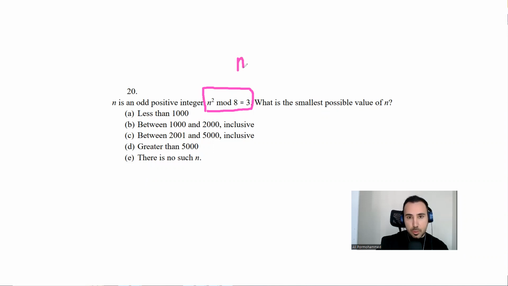What it says is n is squared. We divide it by 8. Well, when a number is divided by 8, the remainder could be 0, 1, 2, 3, 4, 5, 6, 7, right? Here it says the remainder will be 3, right? R would be 3.